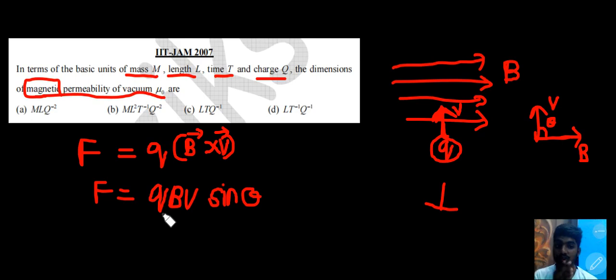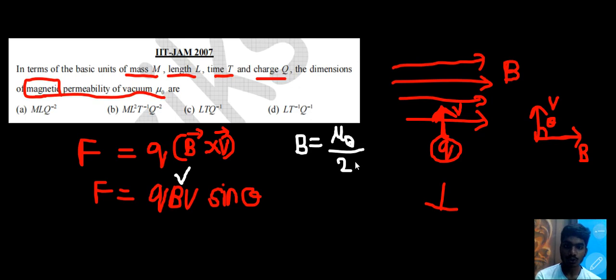Now we are going to find the dimension for B. We know that the magnetic field B is equal to mu naught by 2 pi, into the current I flowing in that conductor, by the distance a between them.